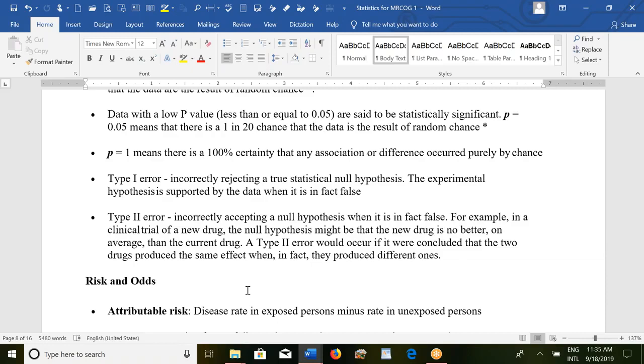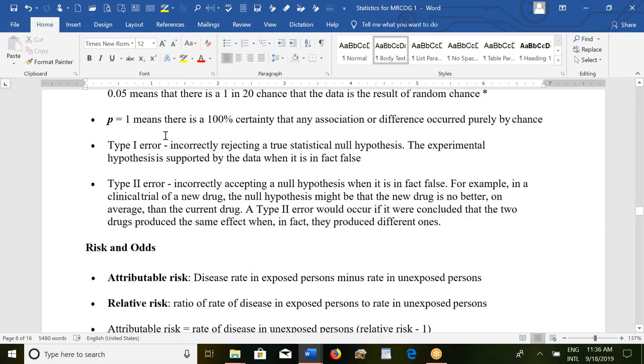For example, in a clinical trial of a new drug, the null hypothesis might be that the new drug is no better on average than the current drug. A type 2 error would occur if it were concluded that the two drugs produce the same effect when in fact they produced different results. So these are type 1 and type 2 error, represented by alpha type 1 error and beta type 2 error.